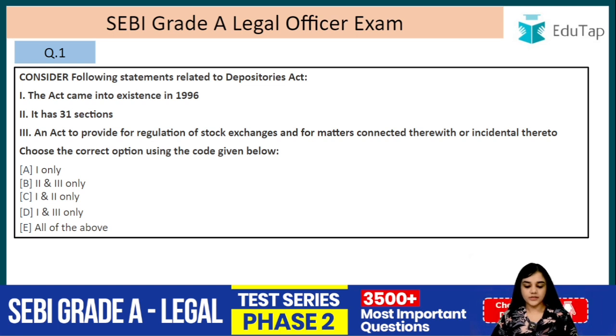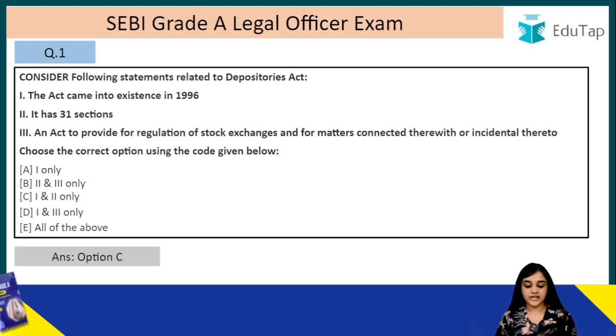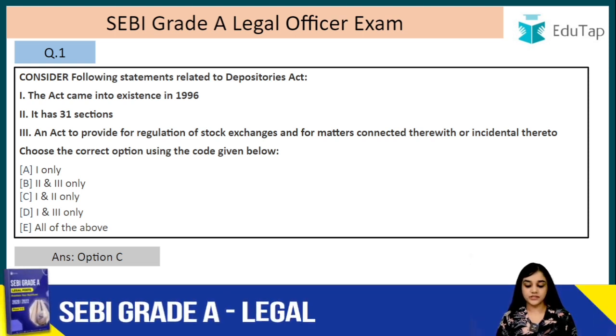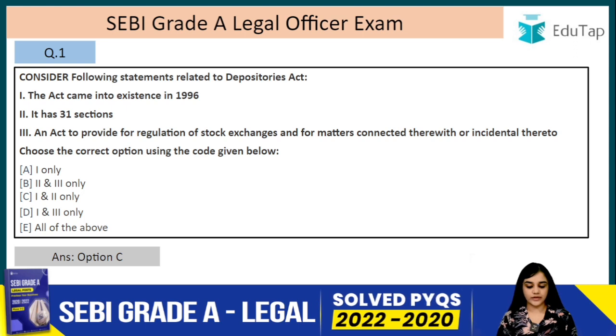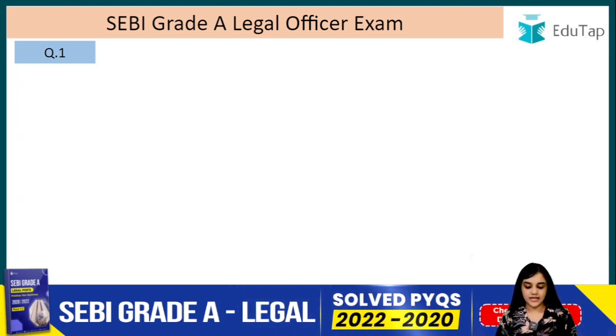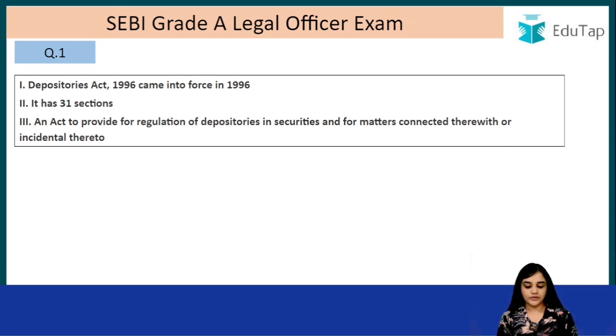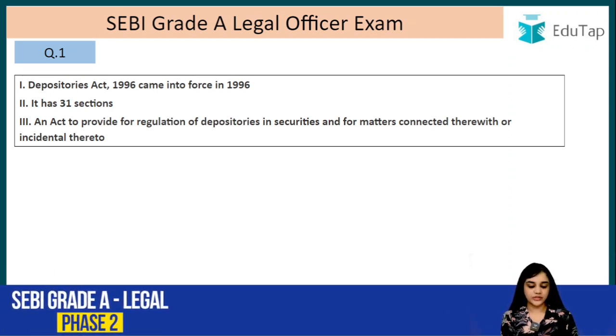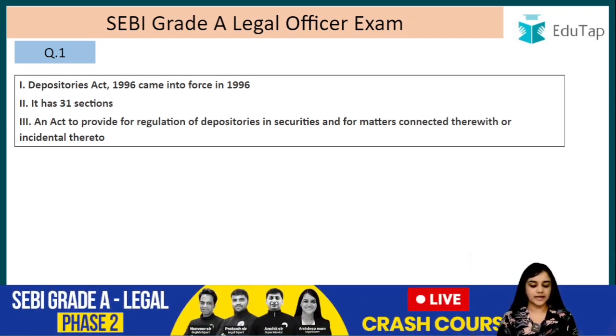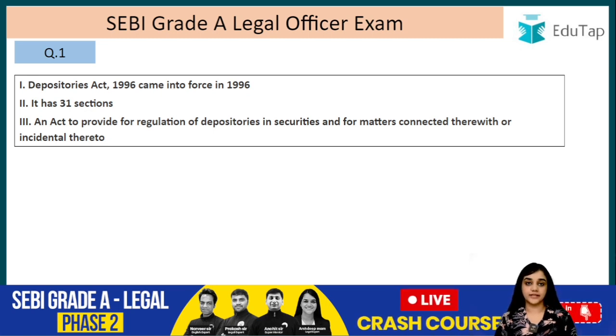So choose the correct option using the code given below. The answer to this question is option C, that is the first and the second statements are correct, but the third one, an act to provide for the regulation of stock exchanges, is wrong. The correct answer is an act to provide for regulation of the depositories in securities and for the matters connected therewith or incidental thereto.